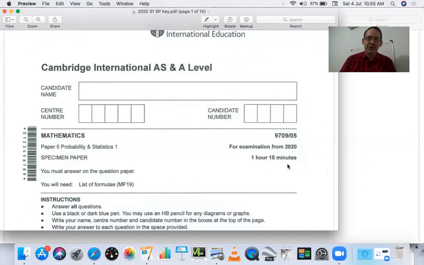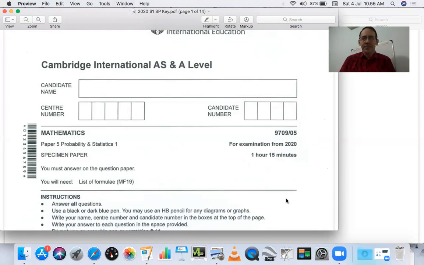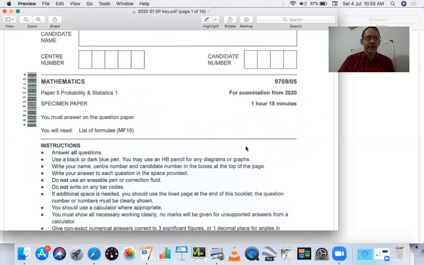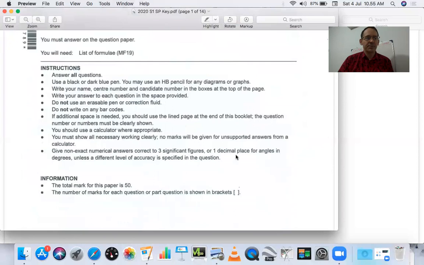And then notice it is still 1 hour and 15 minutes, the same as in the previous syllabus cycle. And so again, my rule of thumb is a 7 to 5 ratio. You have approximately 7 minutes to do 5 points worth of Cambridge question. So these are some things to notice as we move forward into this new syllabus year.